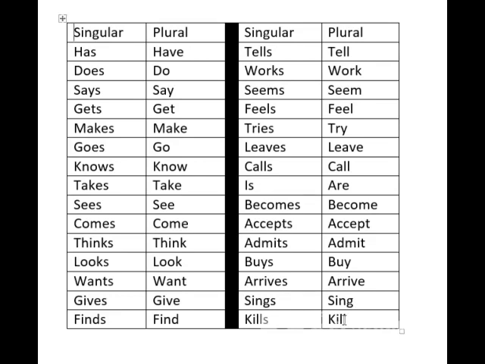We can notice that the verbs with s are often the ones that are singular, and the ones without s are the plural forms of the verb. We also notice a big difference between is and are.